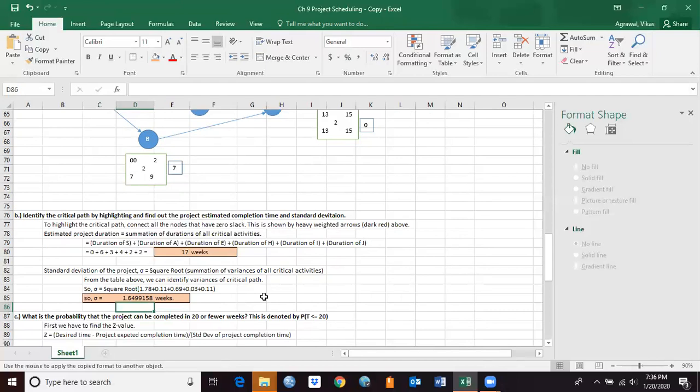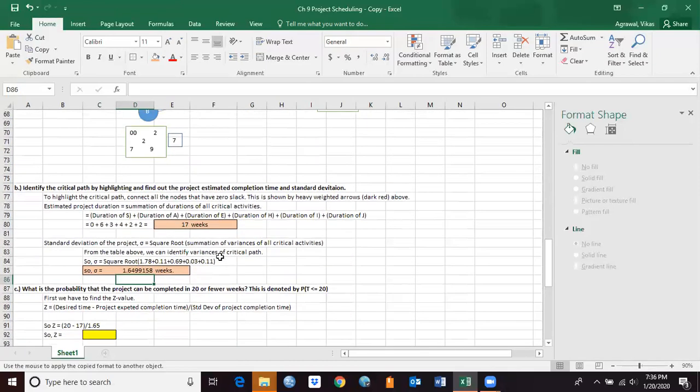So the summation of the times of all the critical activities follows a normal distribution. To cut it short, the project completion time will always follow a normal distribution with the mean expected time of 17 weeks and the standard deviation of 1.65 in this case. And these figures will change for a different problem.